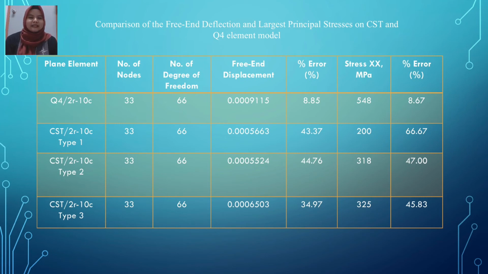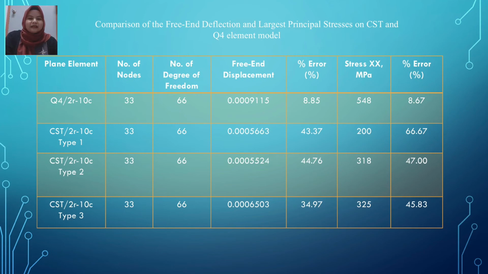Furthermore, we can see that the number of nodes and number of degrees of freedom obtained are the same as the beam is constructed using the same dimensions. However, the free end displacement and stress values for all plane elements are quite different, hence resulting in different percentage errors.